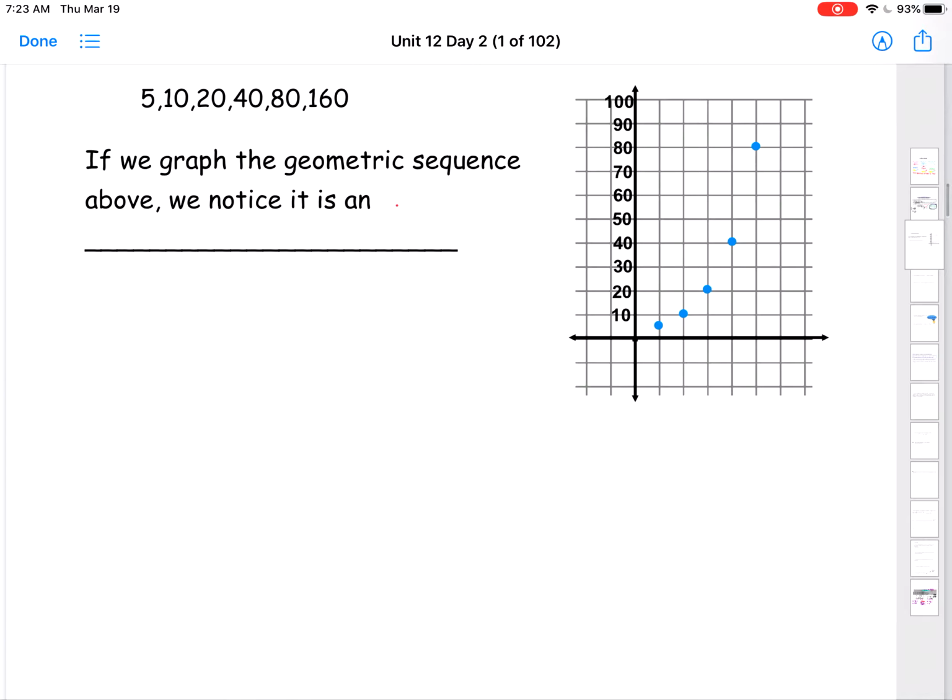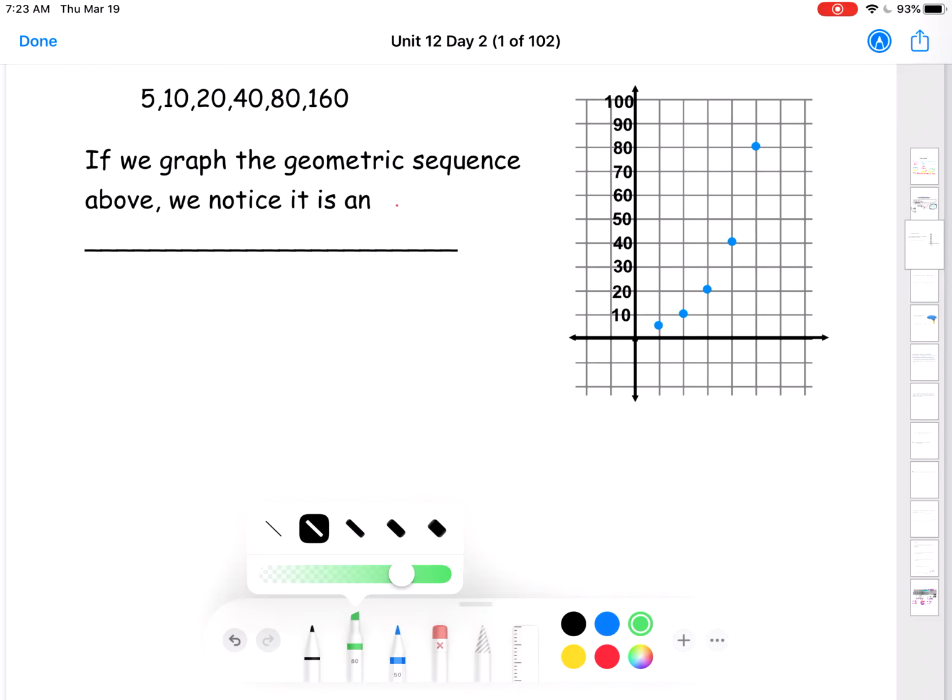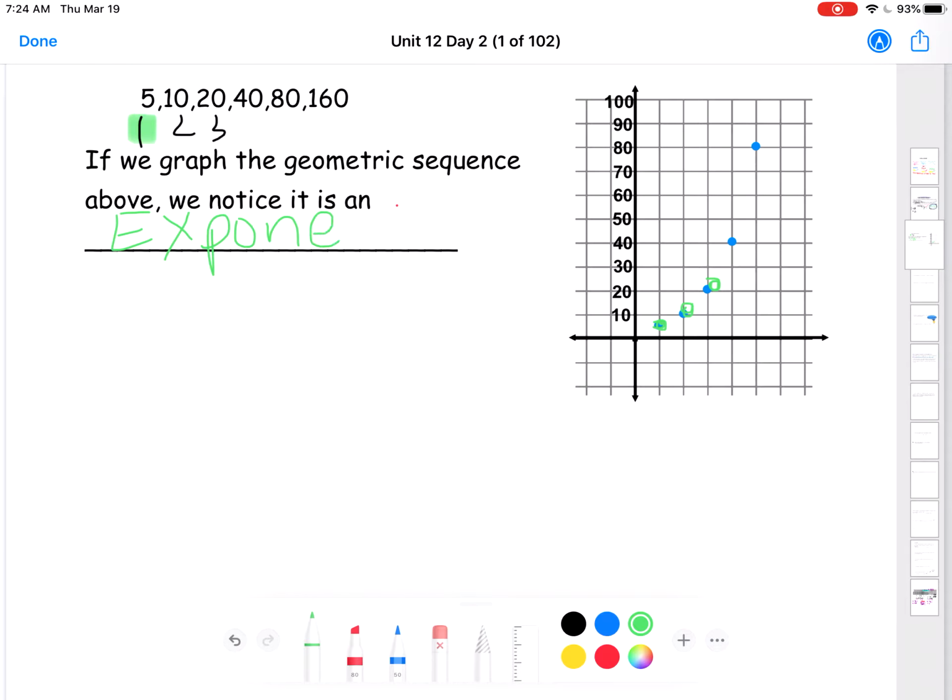On Thursday, we graphed the points for an arithmetic sequence, and we saw that it produced a linear function. When we graphed the points for a geometric sequence, so first, second, third, so if we come over and we graph them over here, so 1, 5, 2, 10, 3, 20, we can see that it produces not a linear function, but an exponential function.